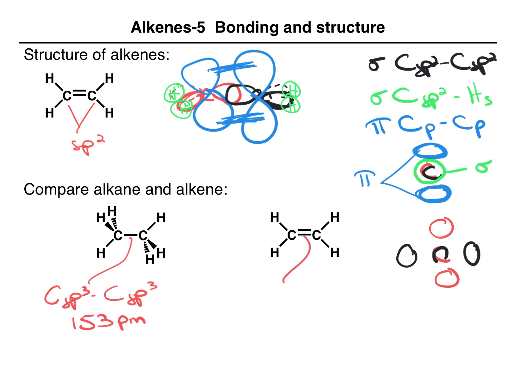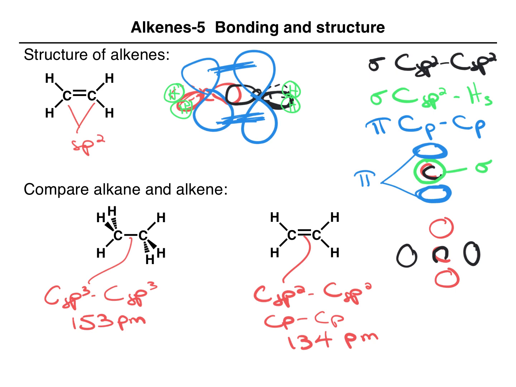Here, where we have a carbon sp2 overlap with the carbon sp2 and a p overlap with a p, here we have a bond length of 134 picometers. So a double bond is shorter and stronger than a single bond. A pi bond is not the same strength as a sigma bond, so a double bond is not twice as strong as a single bond, but it's definitely stronger.